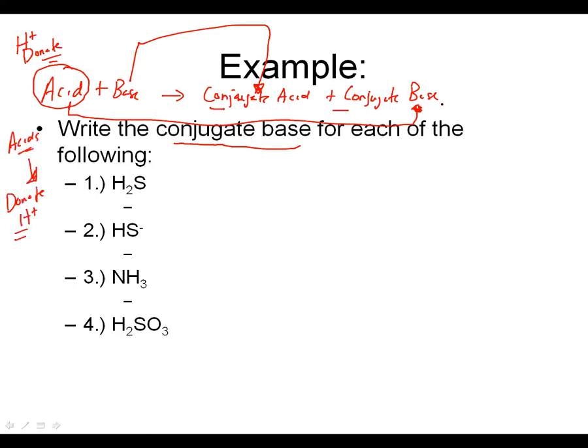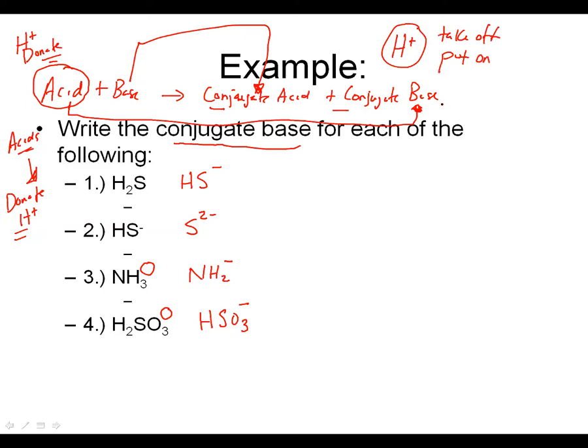The key is nothing else changes other than the H, except for perhaps the charge, which will change, obviously, as you're doing that. Any questions on any of those examples there?